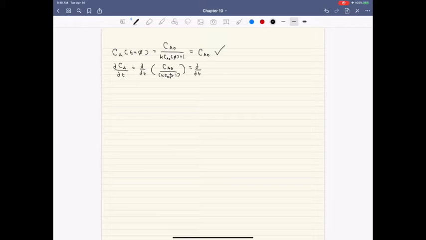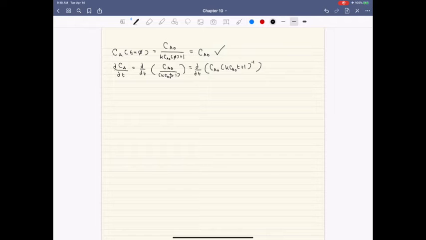So you could do the quotient rule, but I'm going to write the equation like this: k CA naught t plus 1 raised to the negative 1. Okay? So the only part we really need to take a derivative of is this section here.